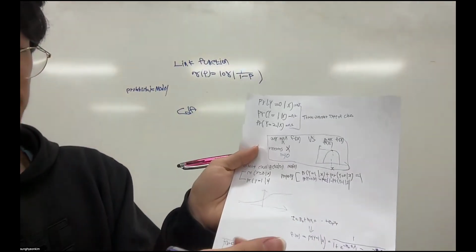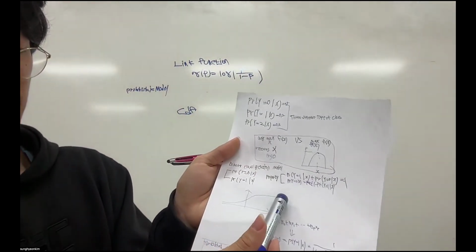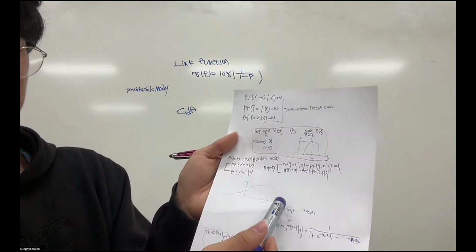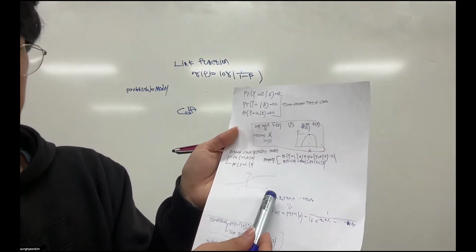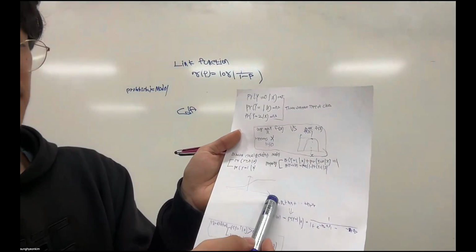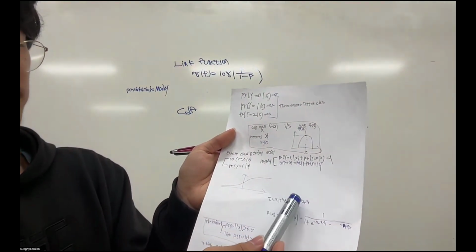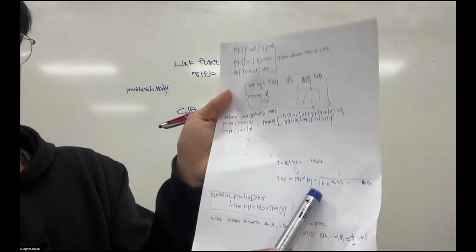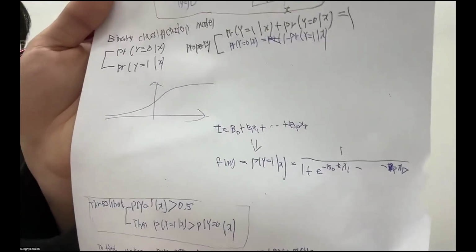So this is the logistic regression, the logistic function graph. In this case, t equals beta 0 plus beta 1 x1 plus up to beta p xp, which is what we use in linear regression.